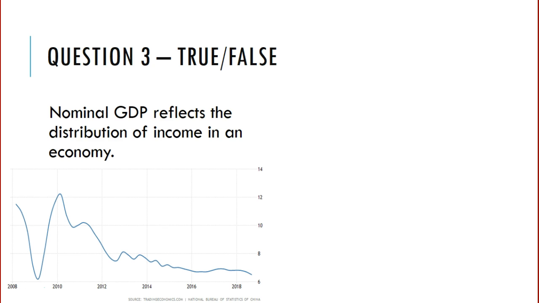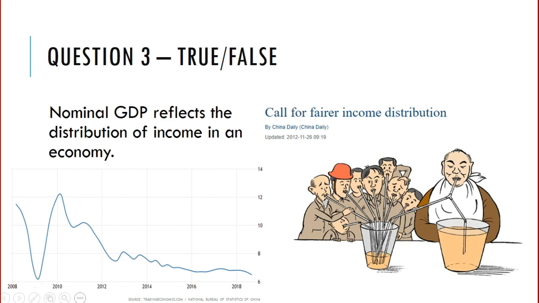Of course not. In fact, in 2011, 2012, when the growth rate was very high, we have this headline from the newspaper China Daily: call for fairer income distribution in China. Incidentally, China Daily is not some kind of rebel institution. It's part of the publicity department of the Communist Party of China.